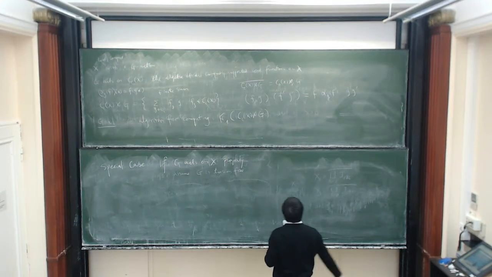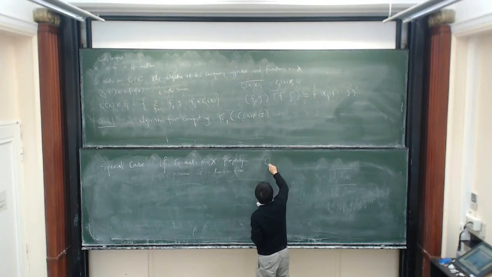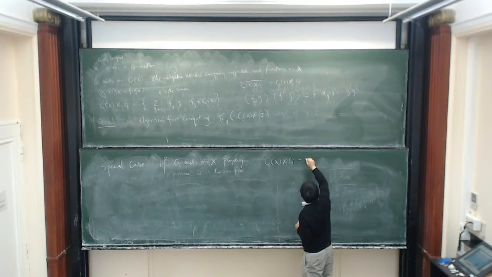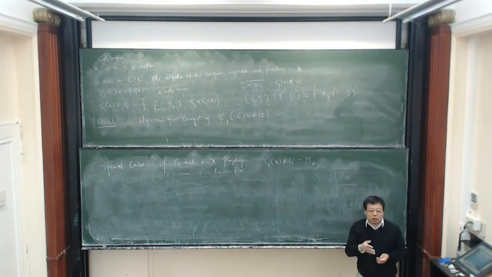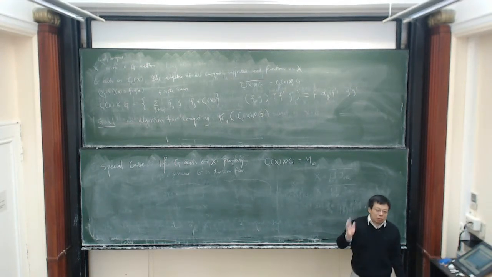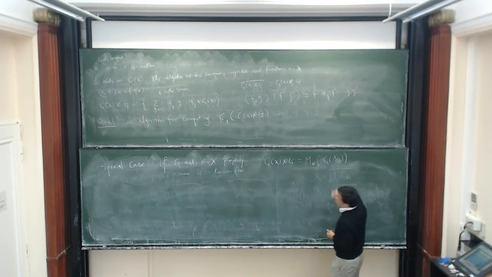In that case, the cross product is very easy. It's the matrix algebra M infinity, by which I mean the union of the M_n, so infinite matrices with at most finitely many non-zero entries, over C_c of X modulo G, the quotient space.